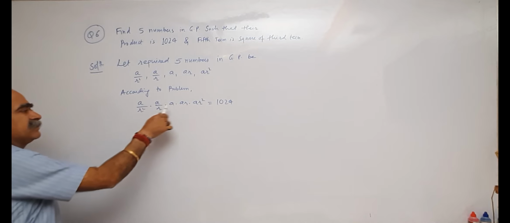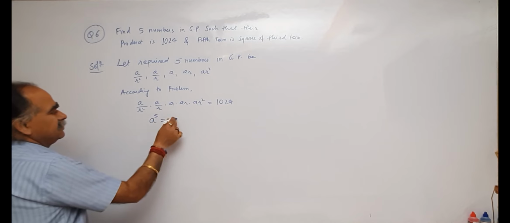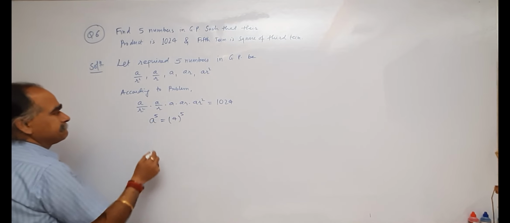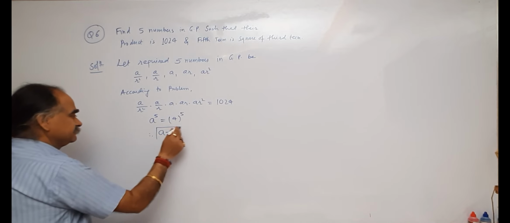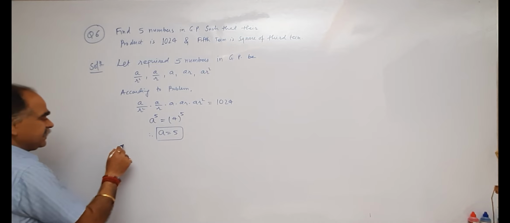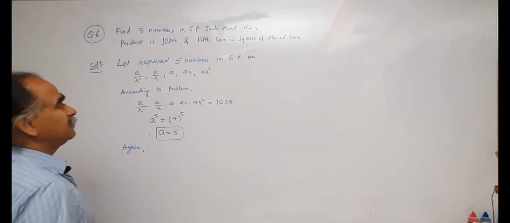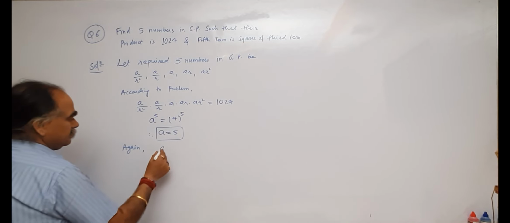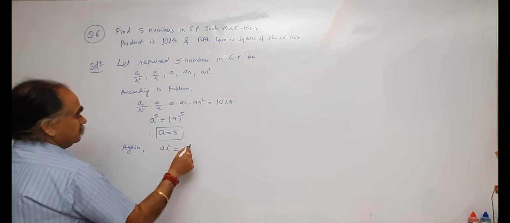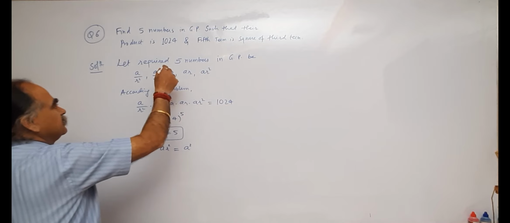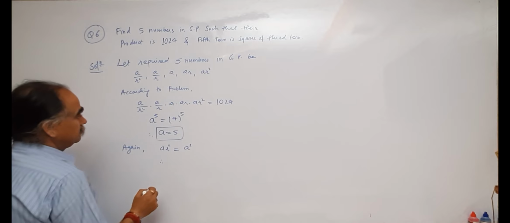Now R square and R get cancelled. You'll get A raised to 5 is equal to 4 raised to 5, so A will be 4. Again, the fifth term is the square of the third. The fifth term is AR square and the third term is A. Square of third is A square, so one A will get cancelled.